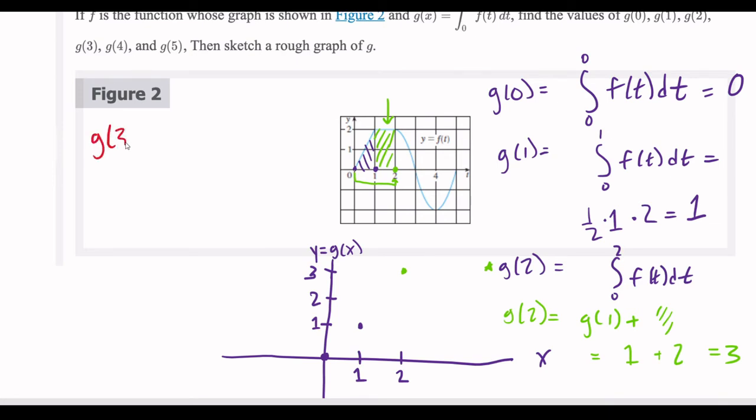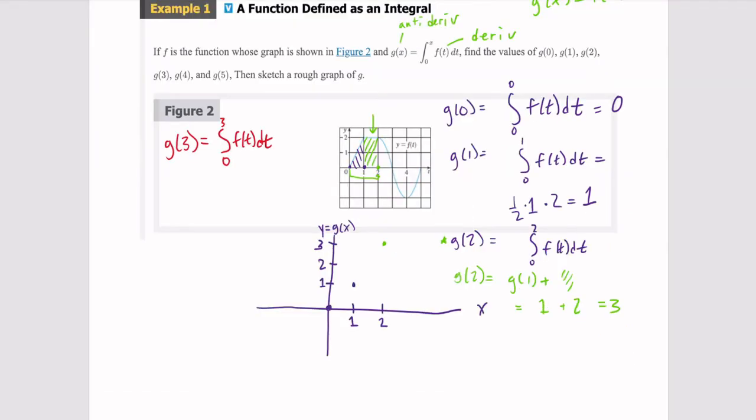G of 3, I guess that's right, is the integral from 0 to 3 of f of t dt. So let's look at g of 3 now. So this is the area under the curve from 0 to 3 of the function f of t, right?